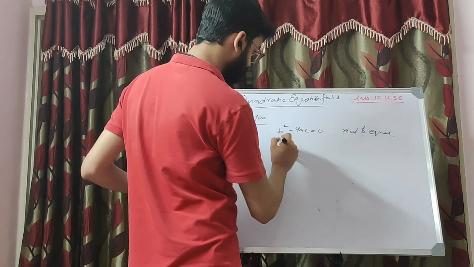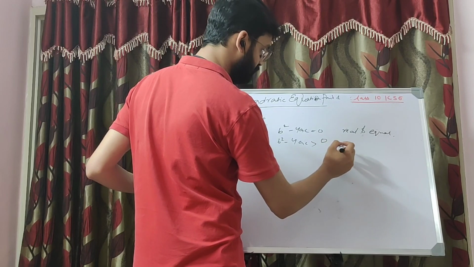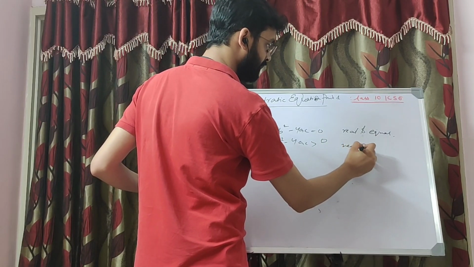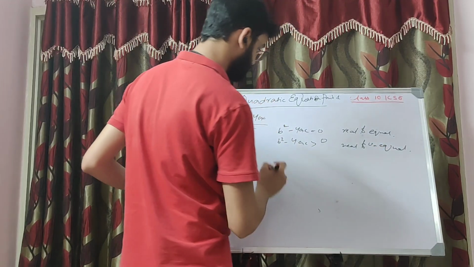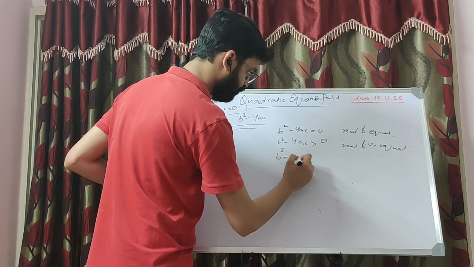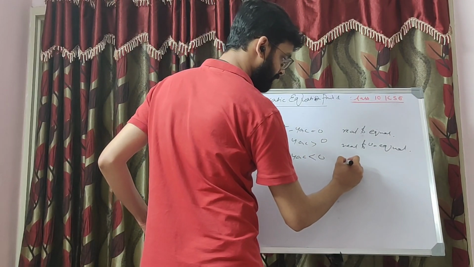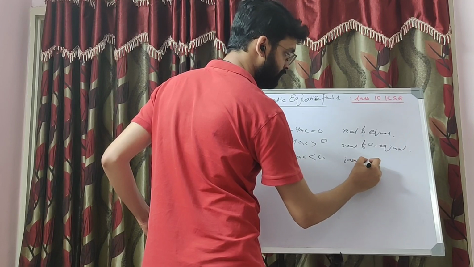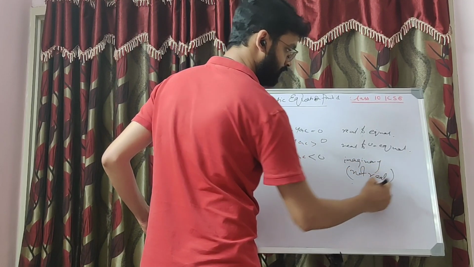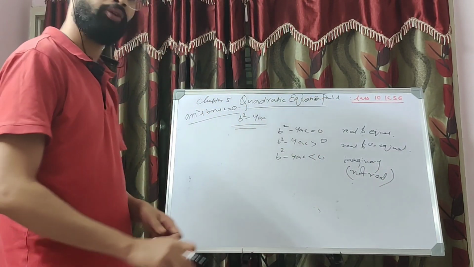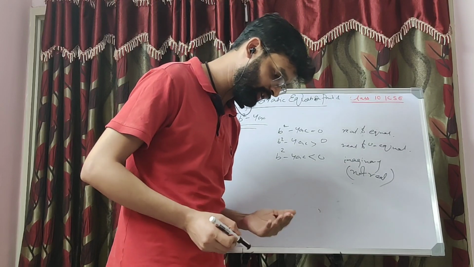If b square minus 4ac is greater than 0, then the roots are real and unequal. And if b square minus 4ac is less than 0, then the roots are imaginary. This means these are not real. So in this way we can find the nature of the roots of the given quadratic equation.